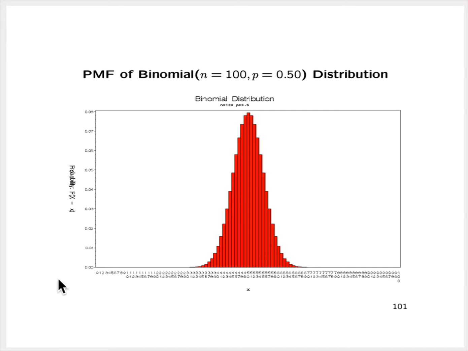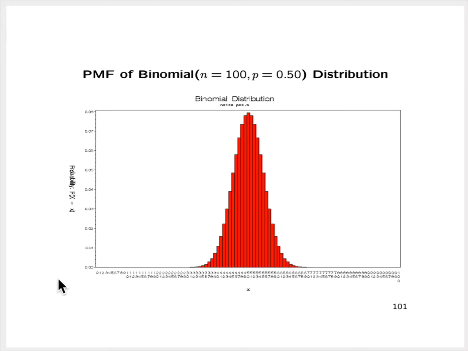And so that is going to be the same kind of situation in this case. The Bernoulli distribution that we're sampling from is skewed to the right if p is less than 0.5. It's skewed to the left if p is greater than 0.5, and it's symmetric if p is 0.5.